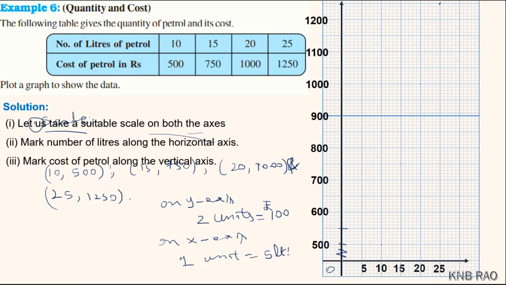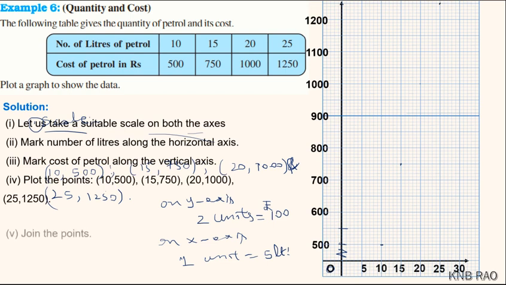So 5, 10, 15, 20, 25 and 30, whereas for 10 liters I have got 500 rupees, and for 15 liters I marked 750, that comes here somewhere, and for 20 liters 1000 rupees, here it comes, and for 25 liters 1250, that comes here.